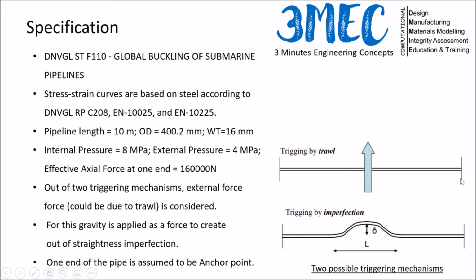So at some point I will find that my compressive axial force is equal to the frictional force per unit length, and at that point the pipe cannot move or slide on the soil, and that's called the anchor point. So I am assuming one end of my pipe, in this case out of this 10 meters, to be an anchor point. I will fix that point in all directions so it cannot move due to this constraint. Again, you need to know that from your calculations or your pipeline case. It varies from case to case in reality.